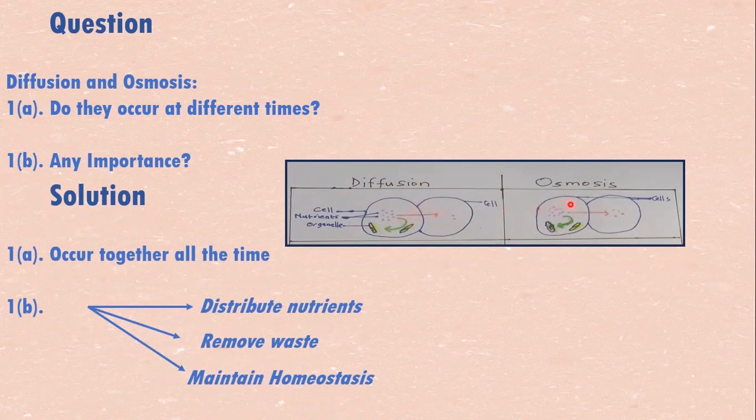Water is also moving through cell membranes all the time. And their importance is to distribute nutrients and also to remove waste. And as we said in our lesson on importance of movement of substances, it's also to maintain homeostasis, to keep the internal environment of the cells constant.